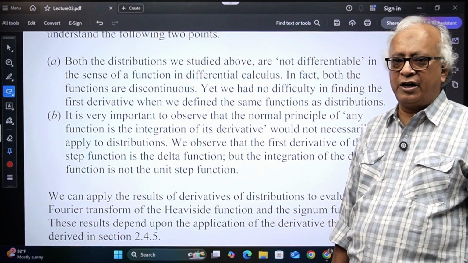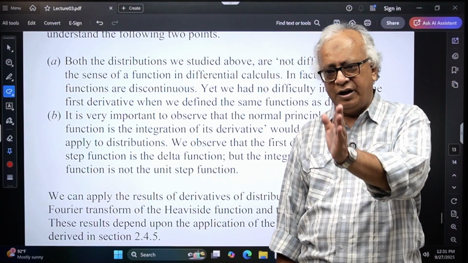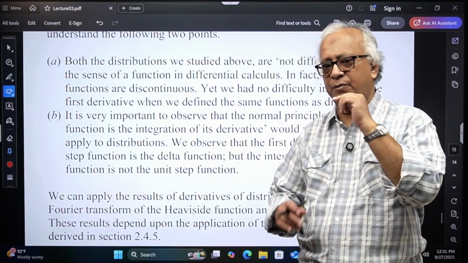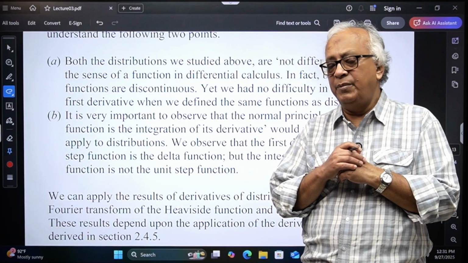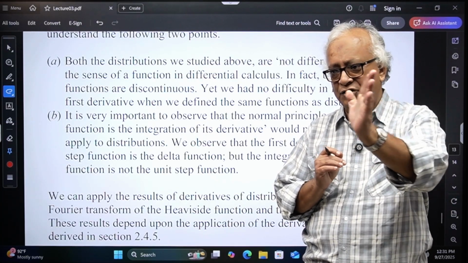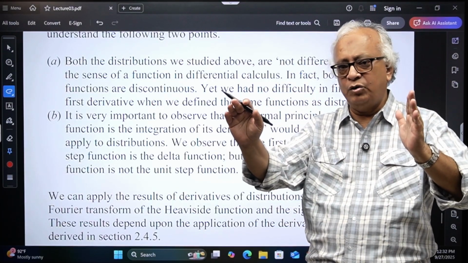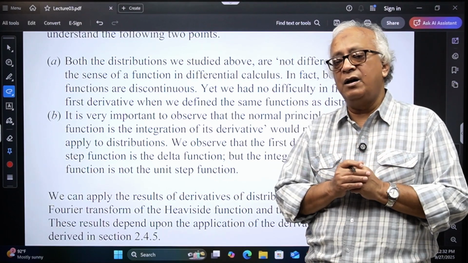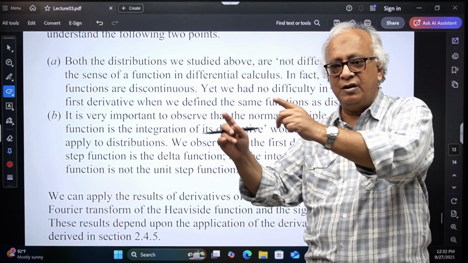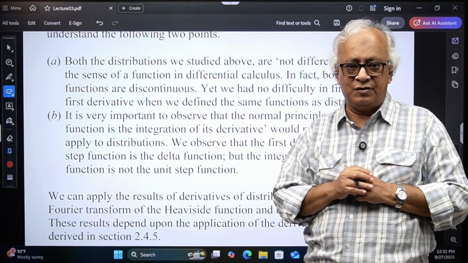The Heaviside function cannot be differentiated, and delta(x) cannot be differentiated either, but differentiating the Heaviside function I got delta, and differentiating the signum function I got 2 delta. Integrating delta will not give u, and integrating 2 delta will not give signum. Therefore, differentiation of a function is the integration of the inverse; the antiderivative will not work for distributions.